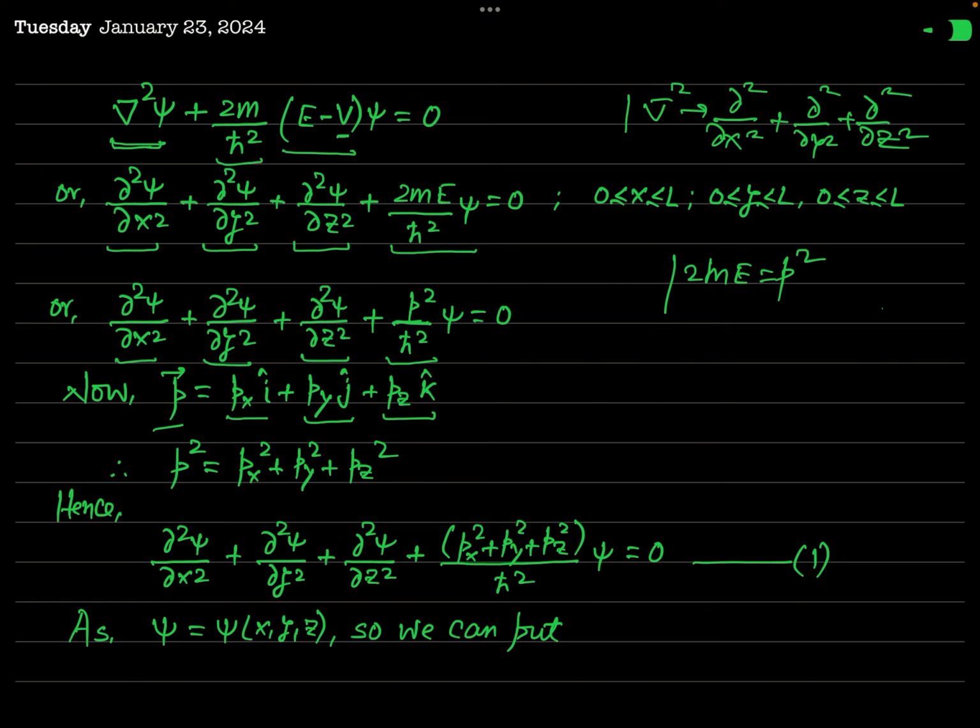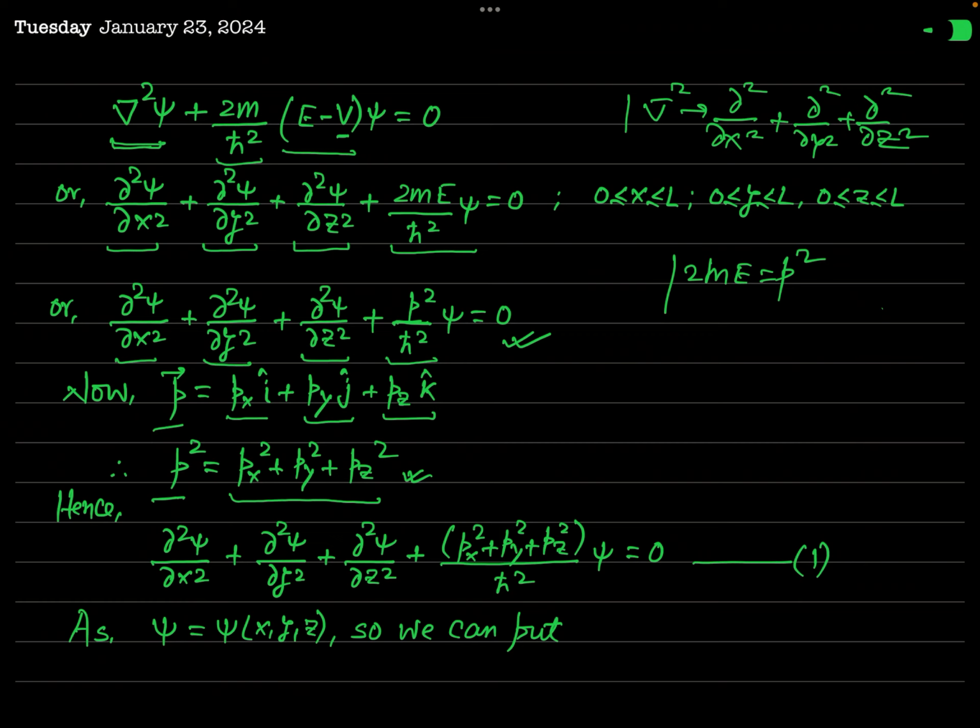And so the square of the modulus of this linear momentum, p square, will be equal to px square plus py square plus pz square. So in this Schrodinger equation, in place of p square, you can equivalently write this much. That is, p square can be replaced by px square plus py square plus pz square.